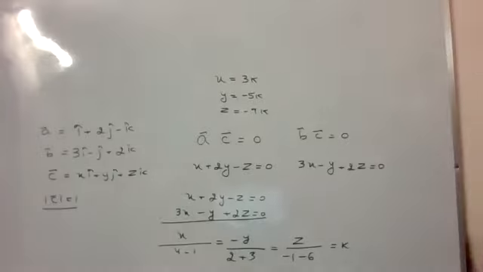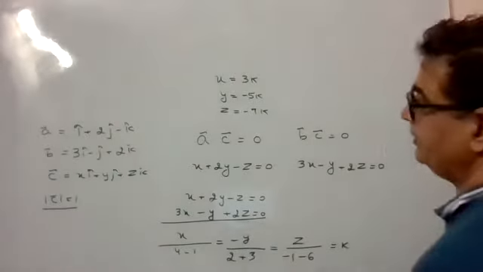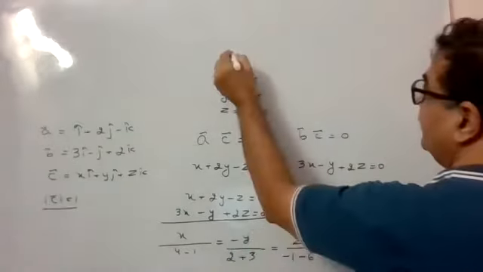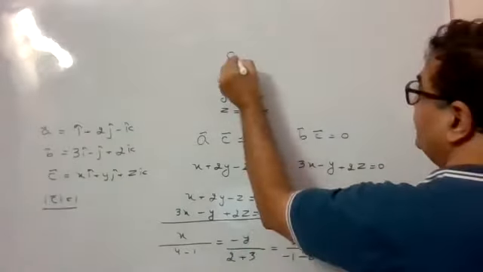That means what will be your C vector? The C vector now I got as 3ki minus 5kj minus 7kk.